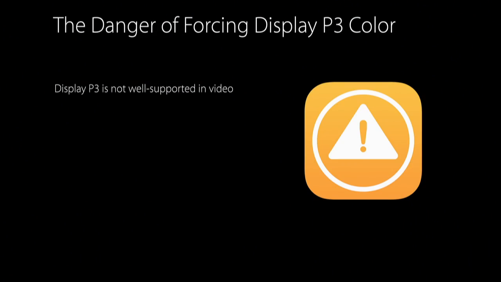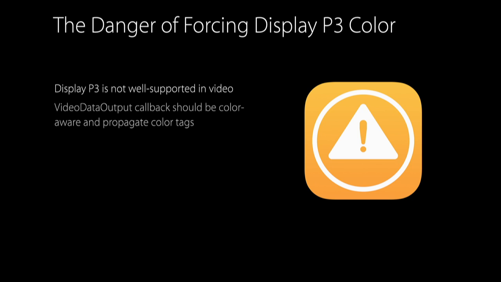So the main worry with display P3 content is that the consumer has to be wide color aware or your content will be rendered as sRGB and the colors will all look wrong. They'll be rendered badly. Most video playback services are not color aware. So if you store a wide display P3 movie and then you try to play it back with some service, it will likely render the colors wrong.